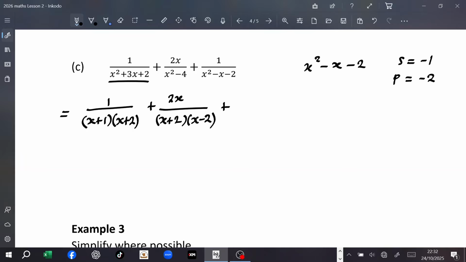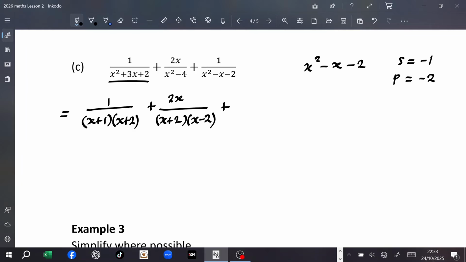So we look at two numbers which when we add them, they'll give us negative 1, and when we multiply them, they'll give us negative 2.